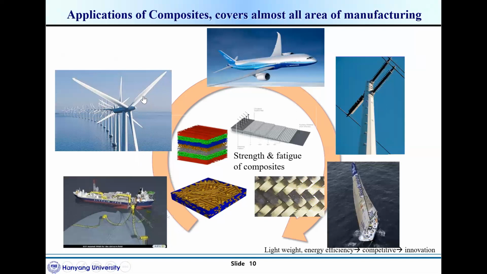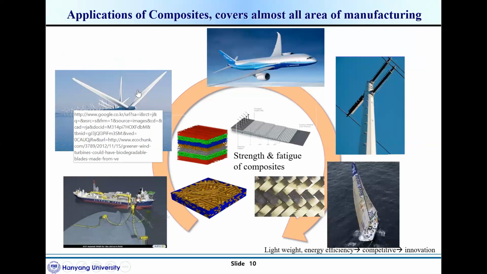Now they are targeting 100 meters. Just one blade, 100. So the diameter is a little less than 200 meters. Huge blade. And the total weight will be about 30 tons.